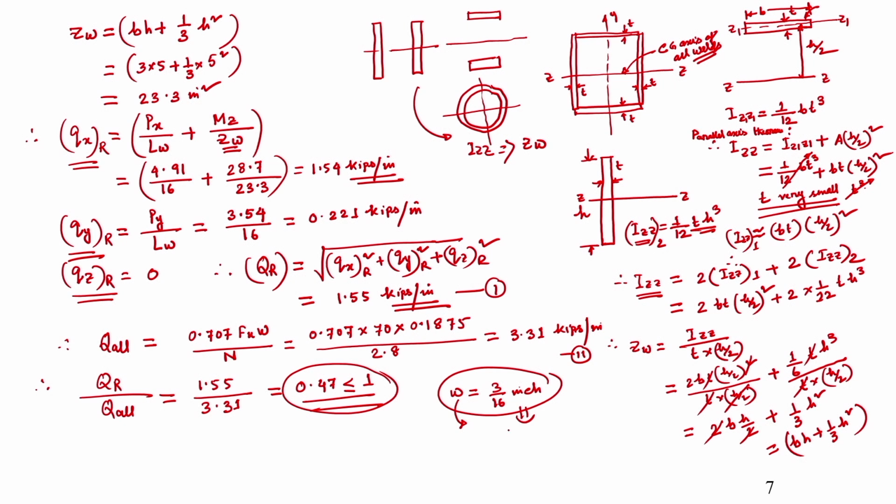So instead, you can reconsider with W equal to 1/8 inch and check whether this ratio is less than 1 or not. If it is less than 1, then you can reduce the weld size. This way you need to design your weld connection. This you should keep in mind.